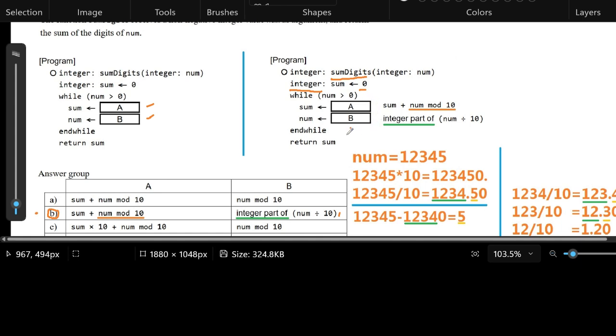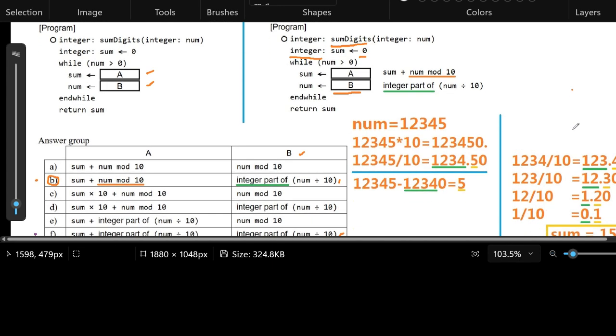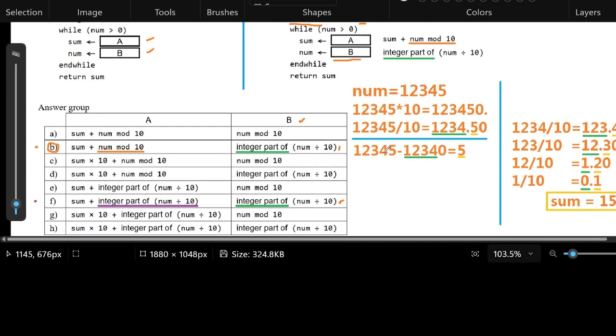If we are sure that the answer for blank B is integer part of number divided by 10, then we need to figure out what the answer for letter A would be.